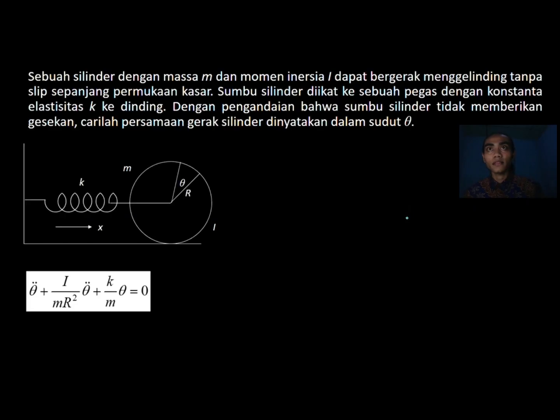But before we jump right into it, I have these equations, or not equations, this is the problem that we have to face. First, there is a cylinder with a mass m and a moment of inertia I that can roll without slipping all the way along a rough surface.